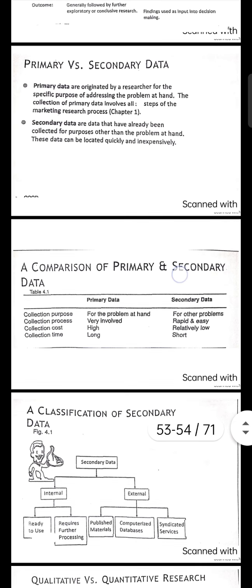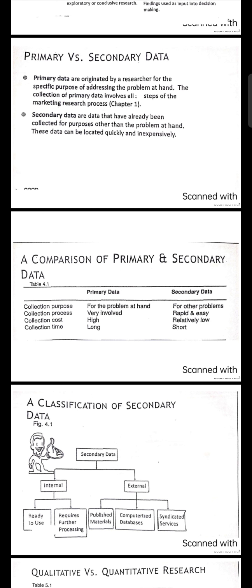And so let's continue. Now we come to primary versus secondary data. So what is the difference between primary and secondary data? Primary data, in layman's terms, you can say is immediate data, the data that is immediately available.